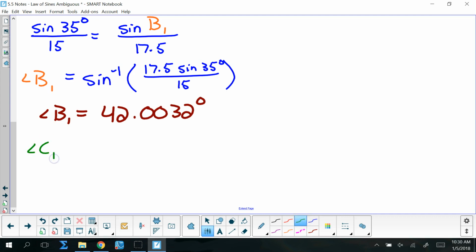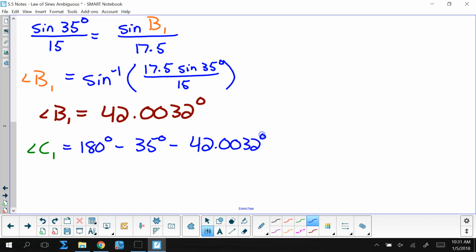Angle C sub 1 is going to equal 180 degrees minus 35 degrees minus angle B sub 1. So angle C sub 1 is 102.997 degrees.